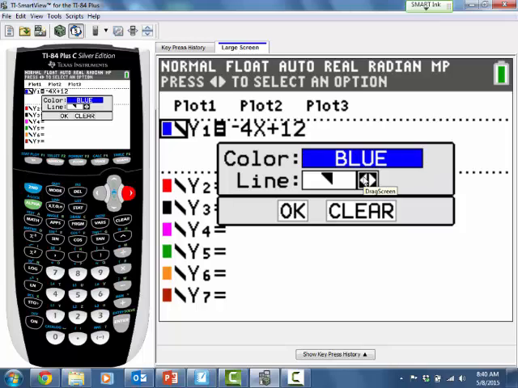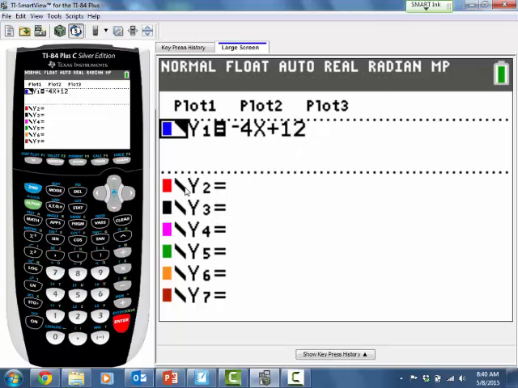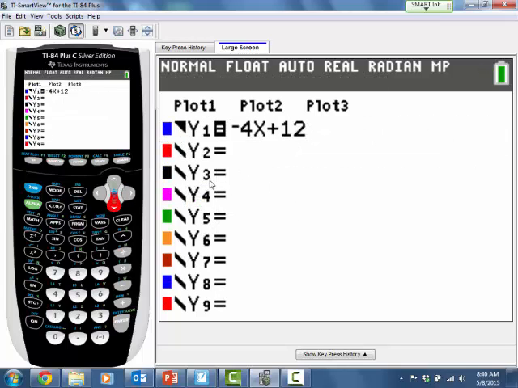So remember that the triangle on top is greater than and the triangle on bottom is less than, so the shading is done correctly on the calculator.